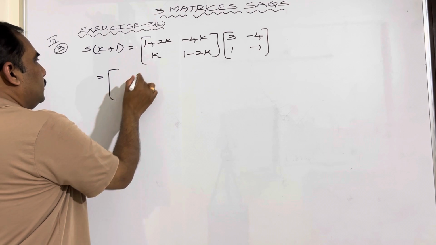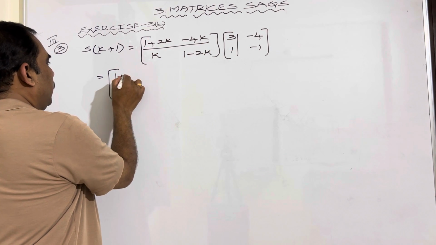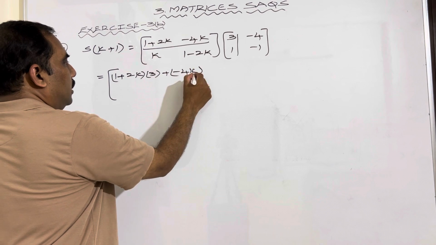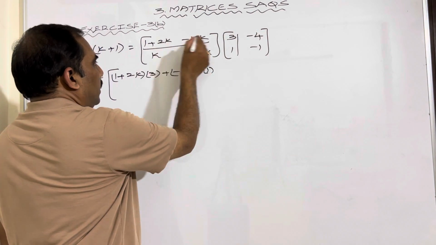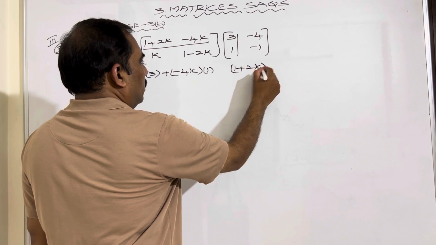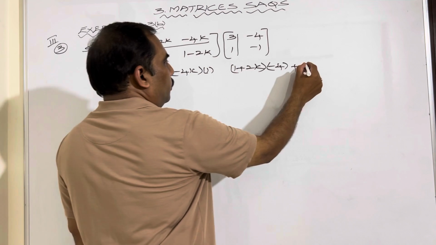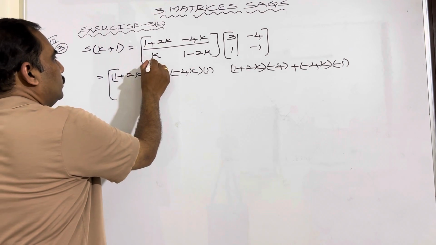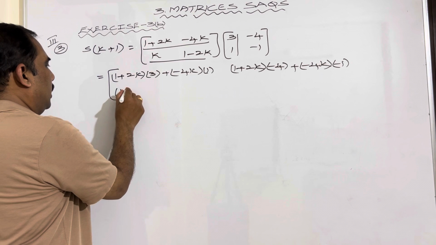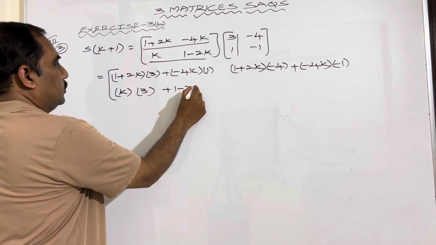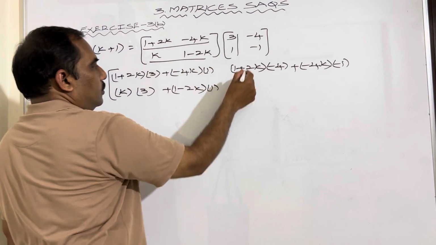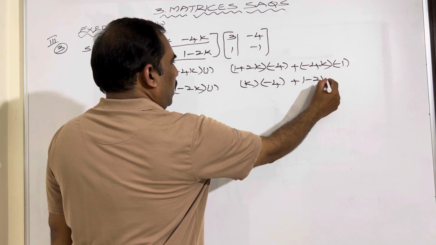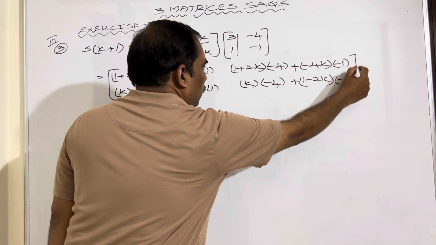Now multiplying both matrices: first row, first column, (1+2k) into 3 plus (-4k) into 1; first row, second column, (1+2k) into -4 plus (-4k) into -1; second row, first column, k into 3 plus (1-2k) into 1; second row, second column, k into -4 plus (1-2k) into -1.